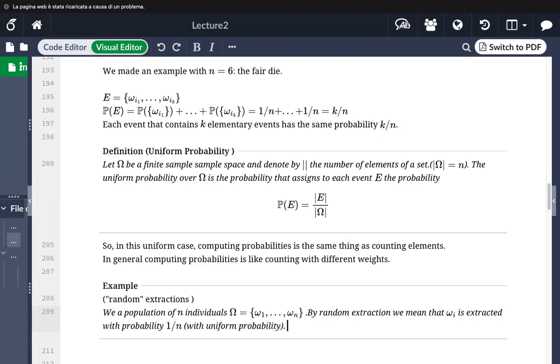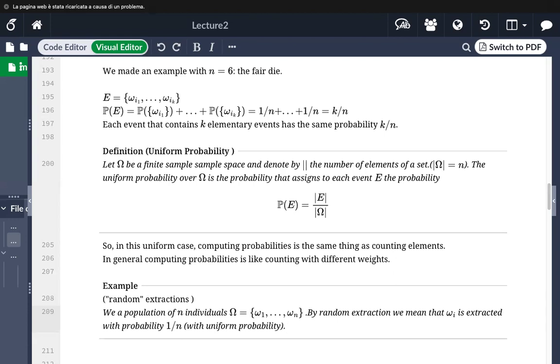This is the typical case, but it is really difficult to do something like this in practice. When you do a poll, you want to call randomly, as uniformly as possible, to extract a person from a population. But if you call people at home, you are extracting from people who have a phone.